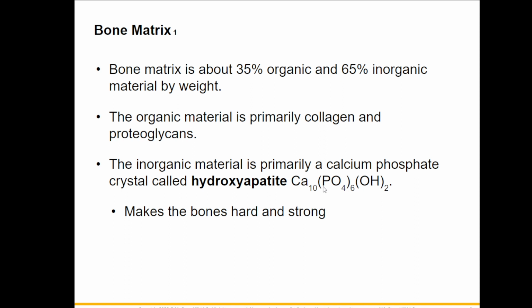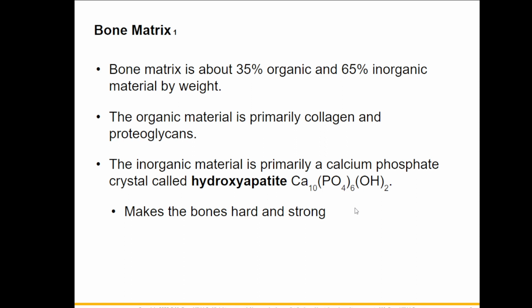It's a combination of calcium and phosphate, and it is actually the one that gives the bone its hard and strong character. That's why our bones are very strong, very solid, very hard. It's because of the presence of your hydroxyapatite crystal. That is the one that gives it that property.